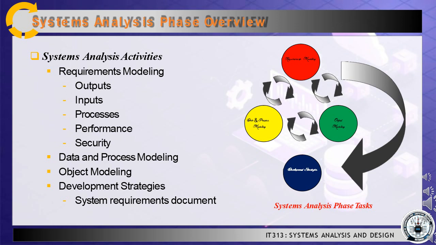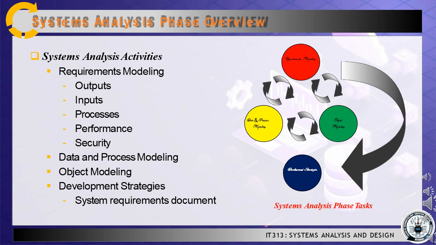Inputs refer to necessary data that enters the system, either manually or in an automated manner. Processes refer to the logical rules that are applied to transform the data into meaningful information.